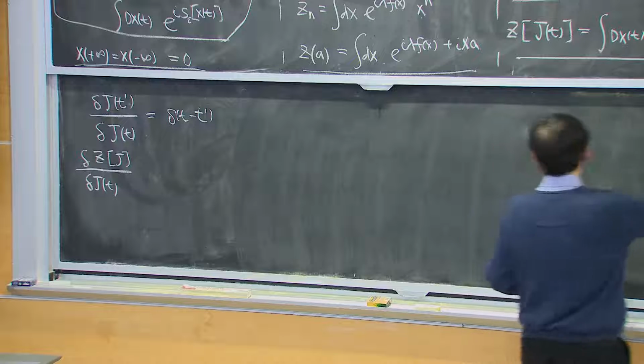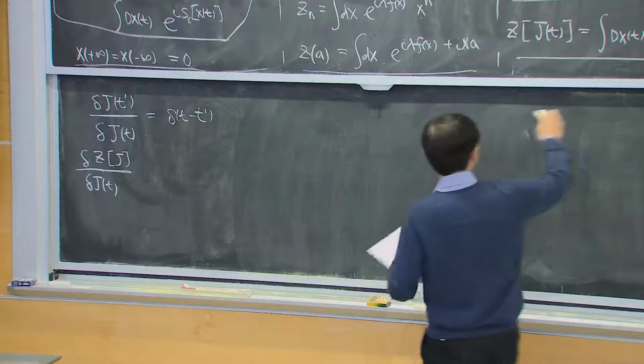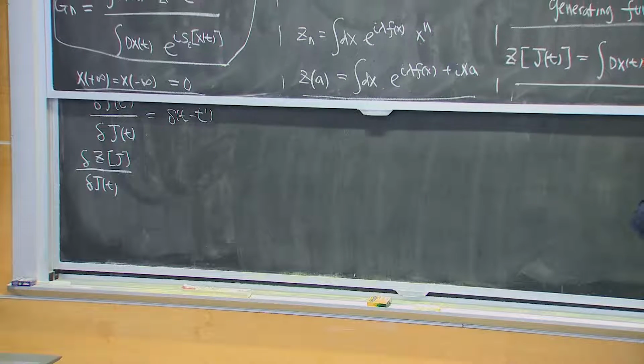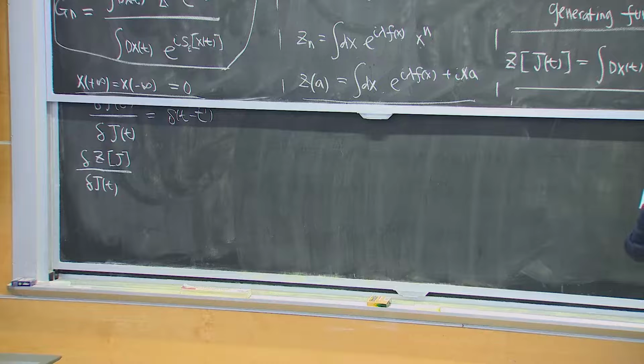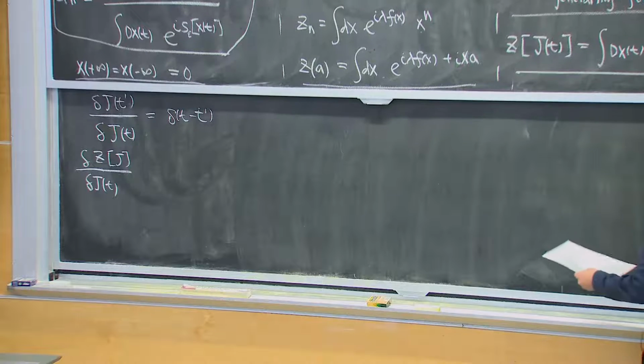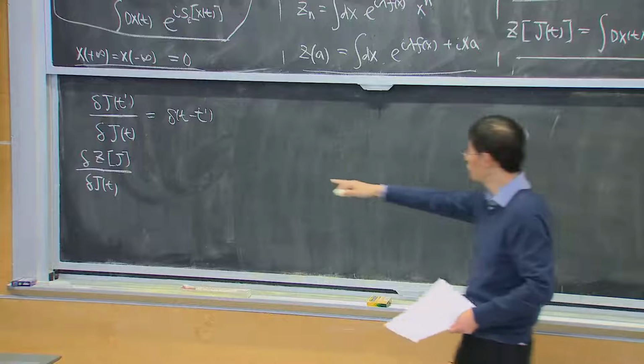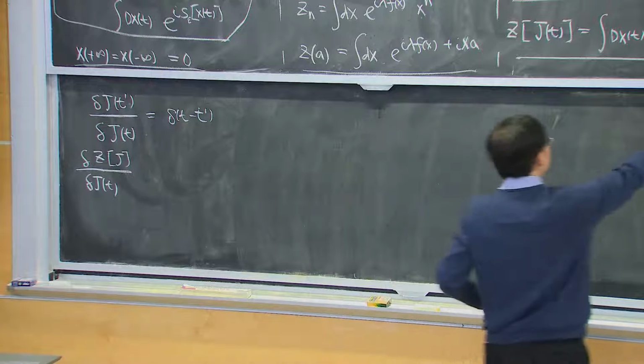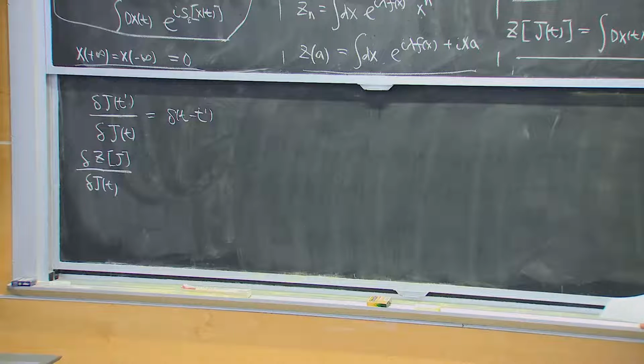Since this J t, for convenience, let's put this to be t prime. When you take the derivative with respect to J t, you directly take the derivative of this term, and the delta function will get rid of this integral.